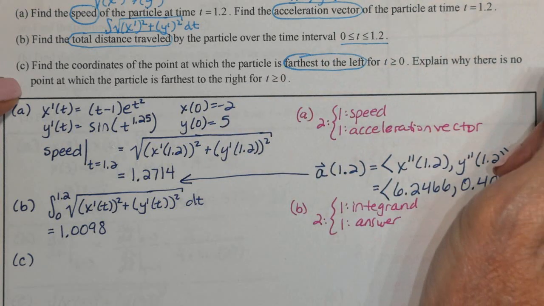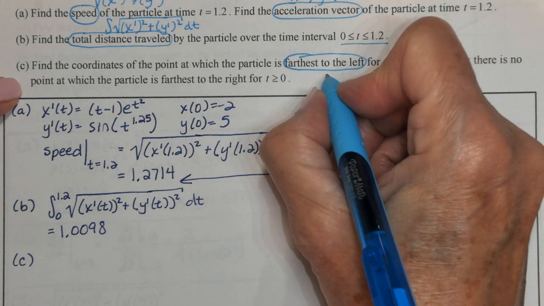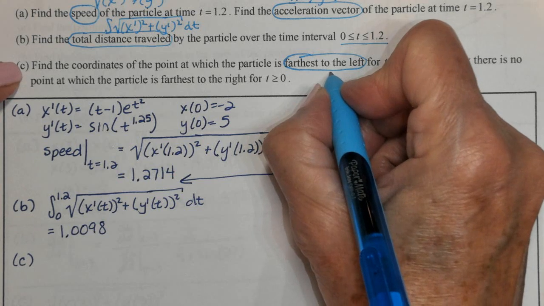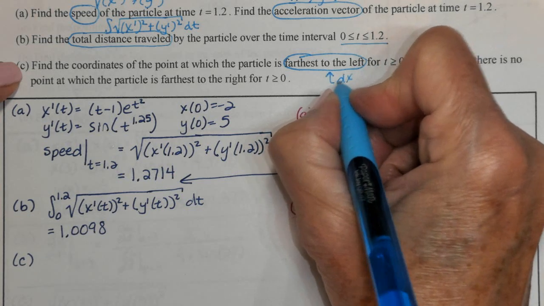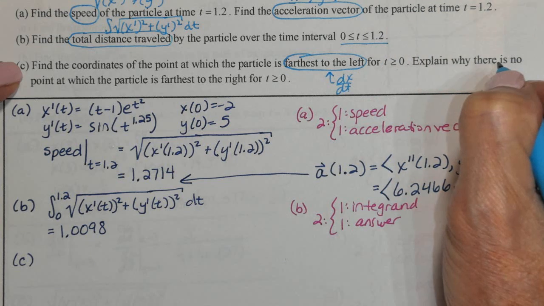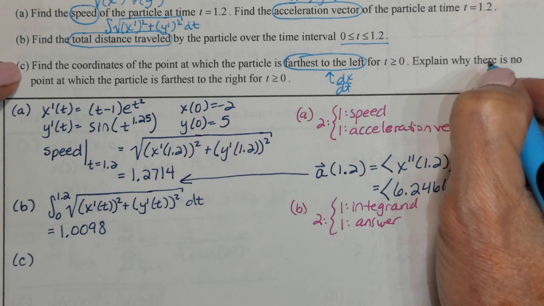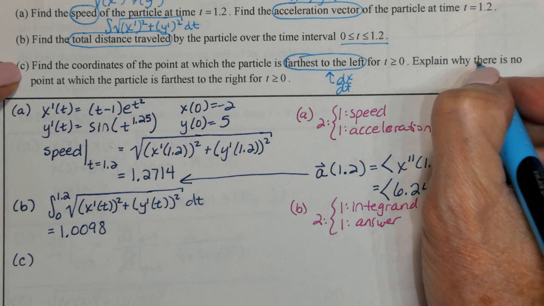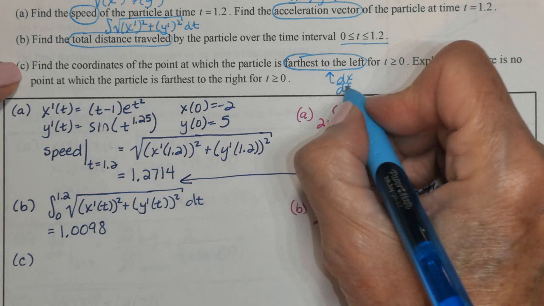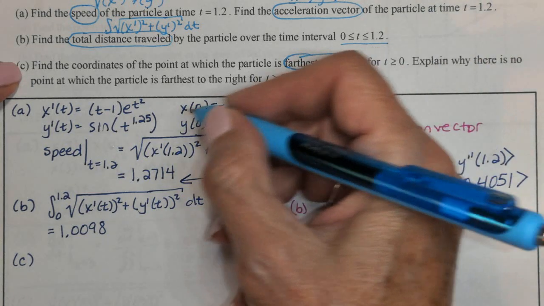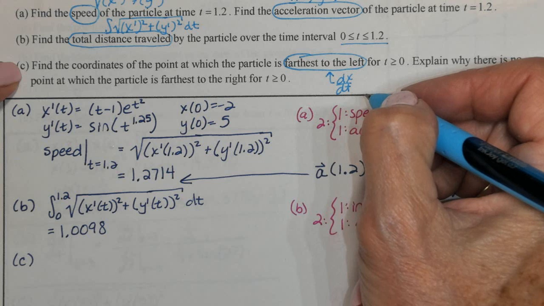So we're going to be taking a look at dx/dt, because that determines leftward and rightward movement, correct? We want to know when dx/dt is the smallest it could be, right?